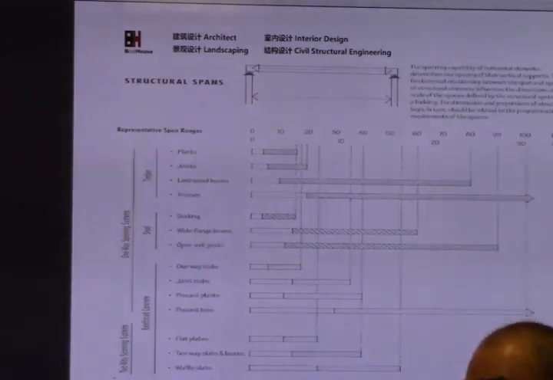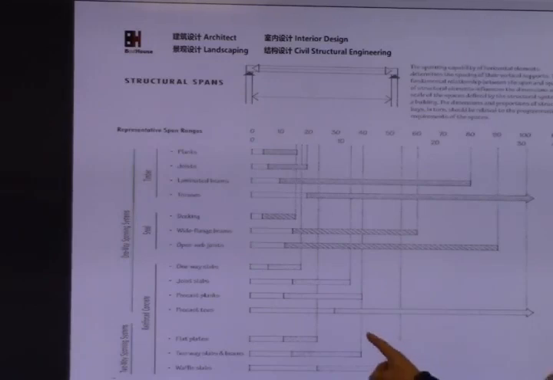They can span 90 feet. We do not commonly use it. If we want more span, we can use the precast. The precast, we have the precast tees. We have more than 100 feet. Yeah, that's the precast.